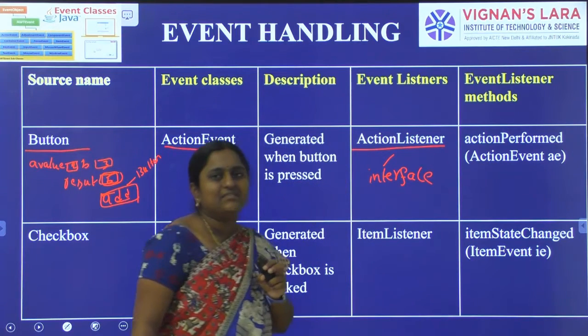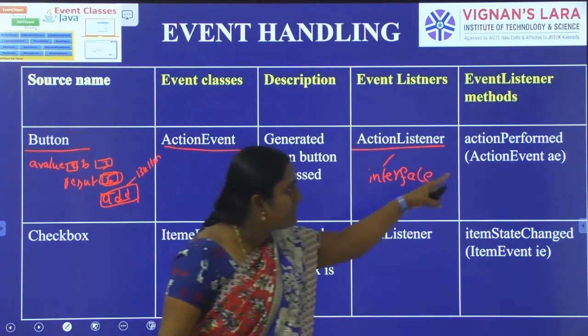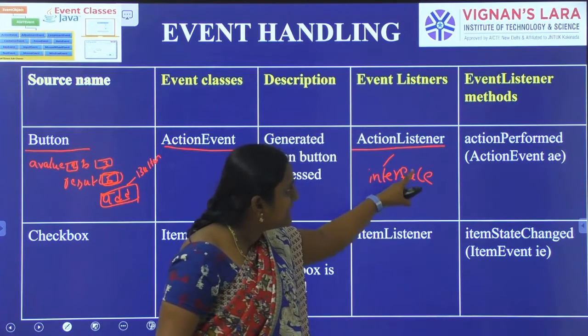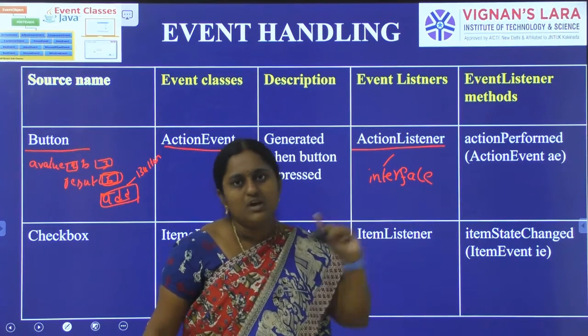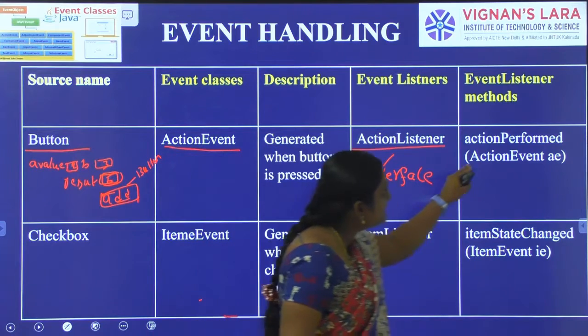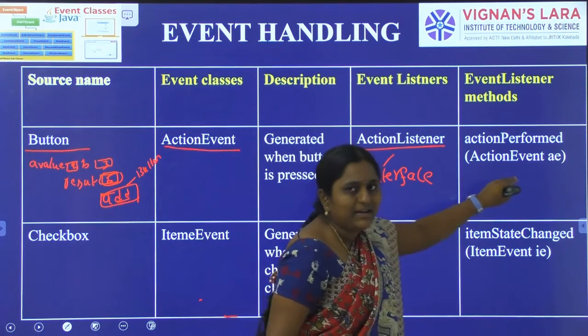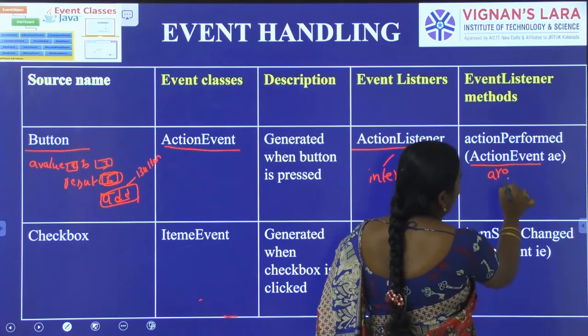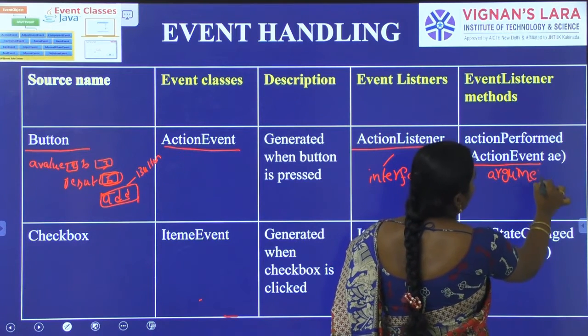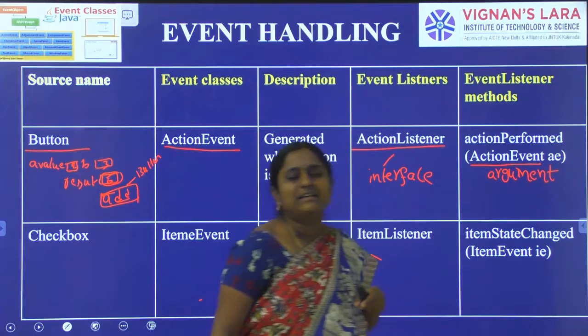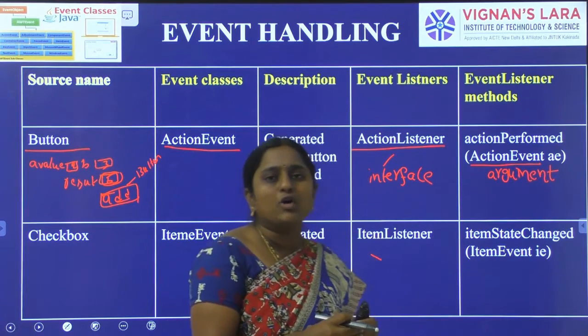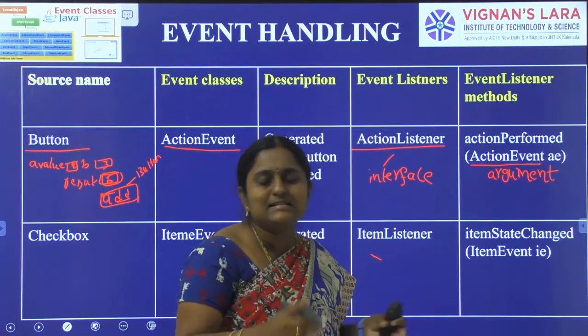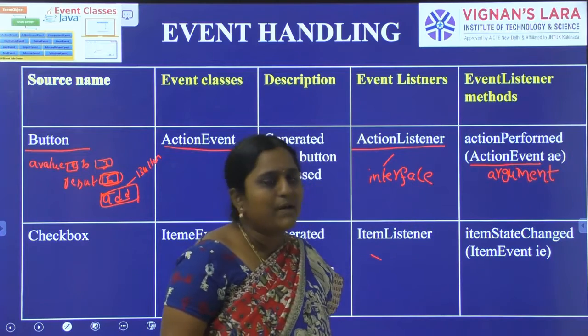Action listener interface defines the actionPerformed method. Action event is the argument supplied to the actionPerformed method.